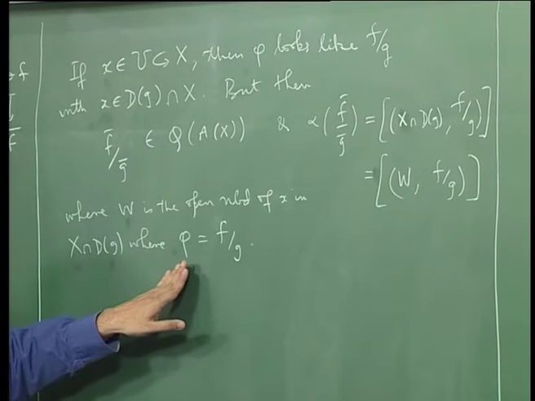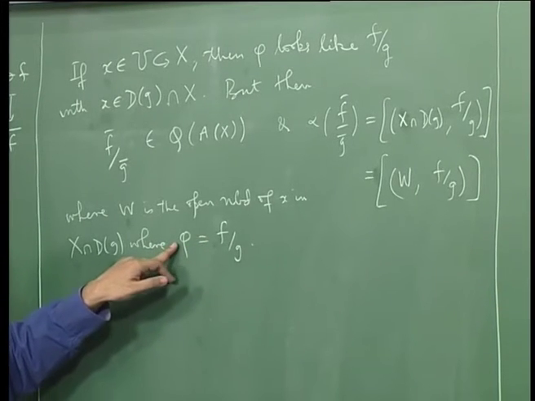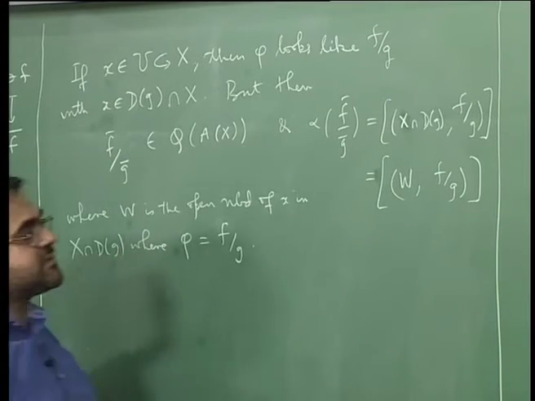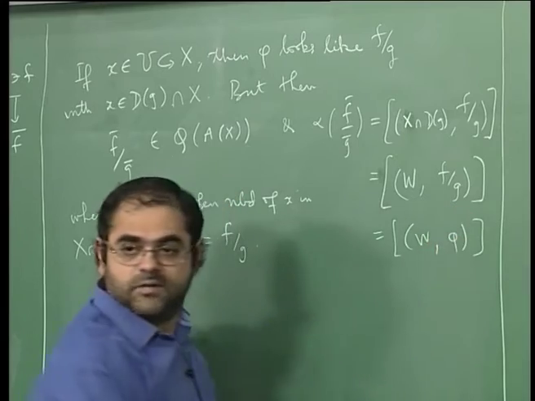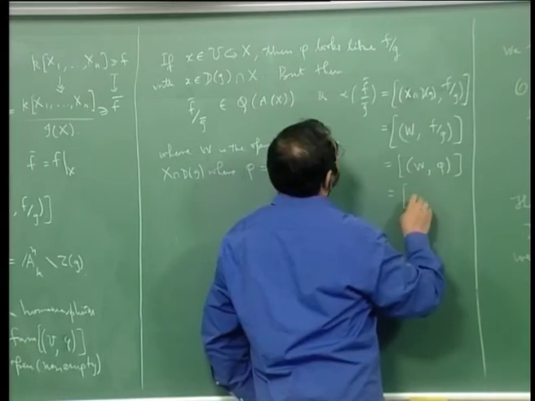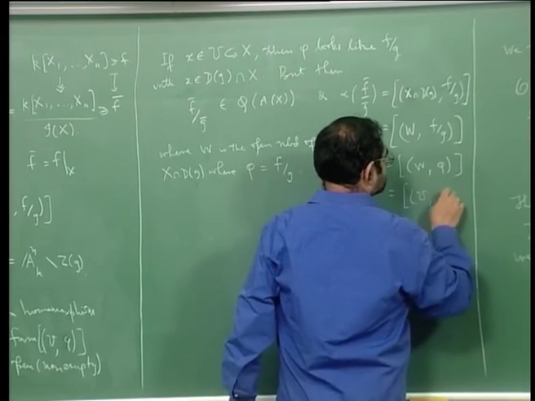That means f by g makes sense on W, phi also makes sense on W, and so this is the same as (W, phi), okay, and that is the same as your (U, phi), because that is the equivalence.